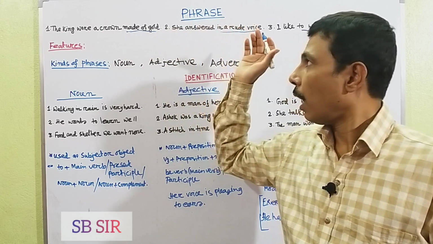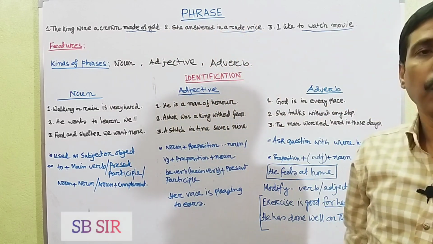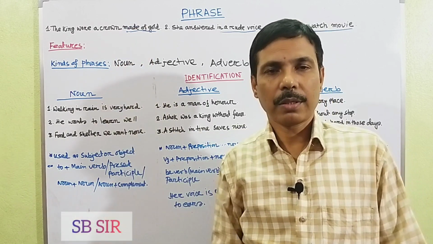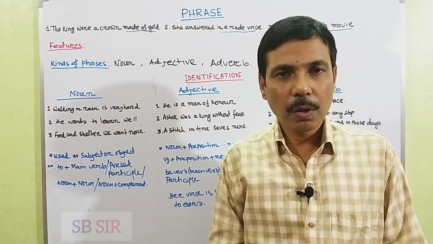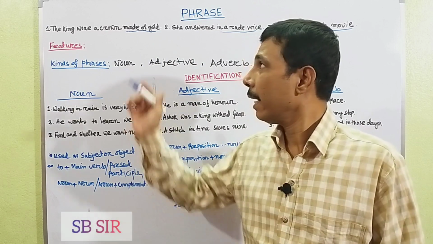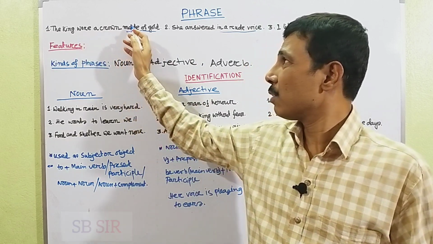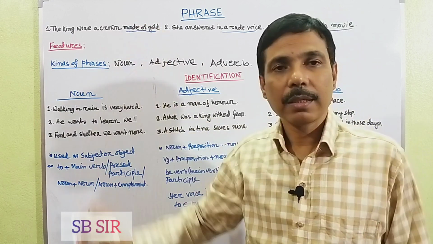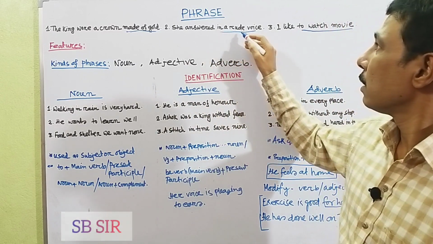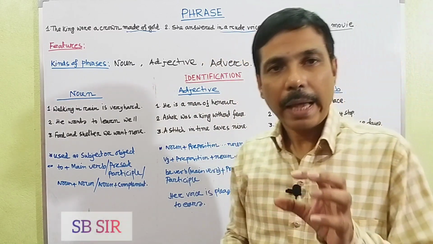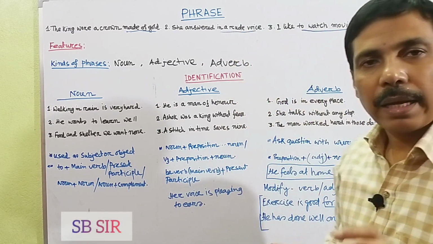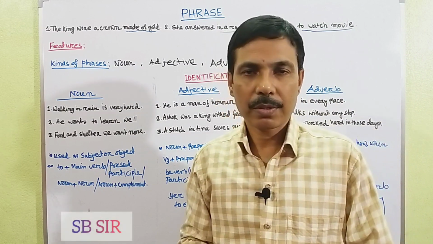These 3 portions I have underlined, and now look at these 3 underlined portions. They are not single words. These portions consist of more than one word, and they all are examples of phrase. These 3 words here act as a single part of speech. Here also 4 words, these 4 words act as a single part of speech, and here these 3 words act as a single part of speech.